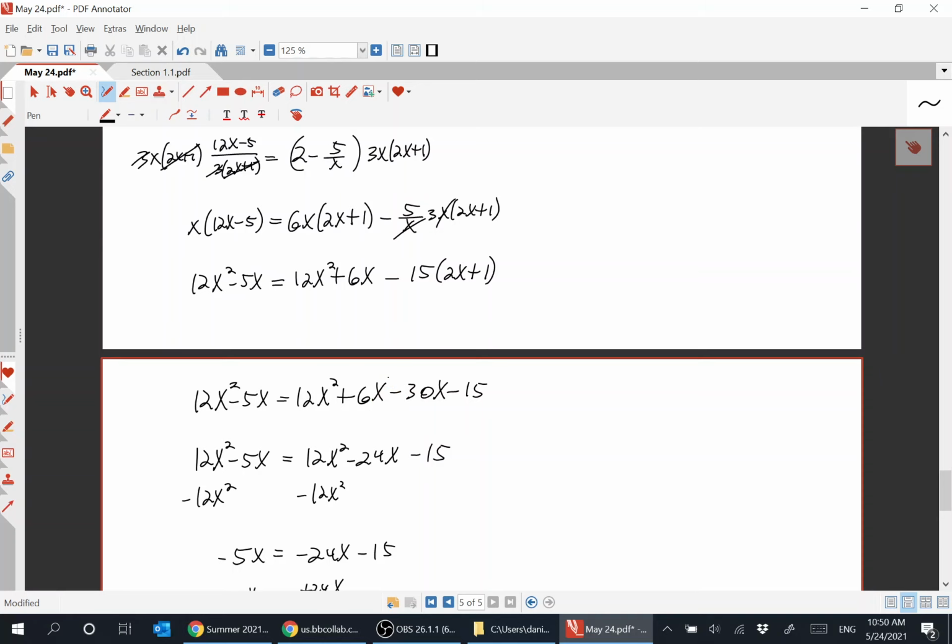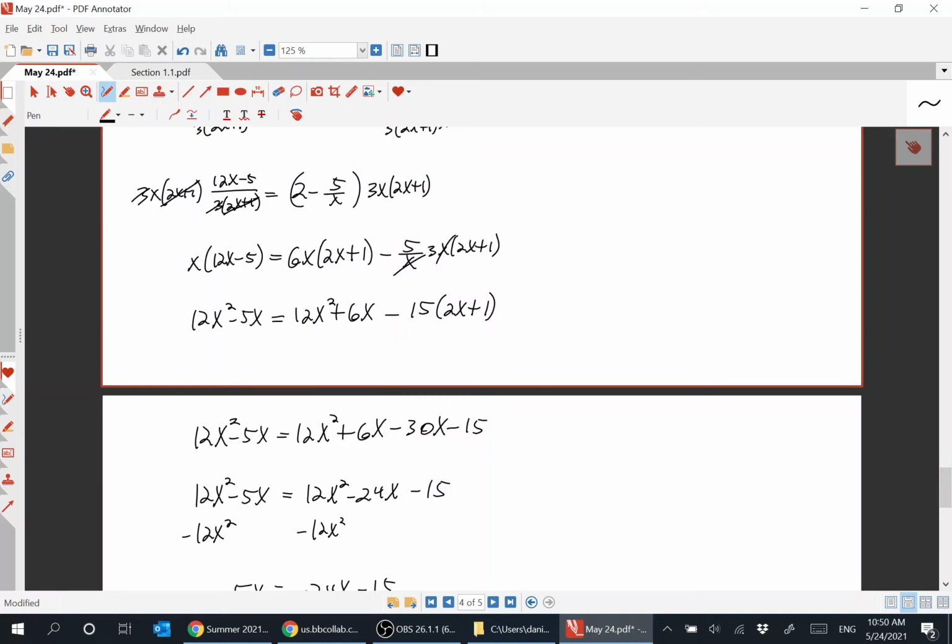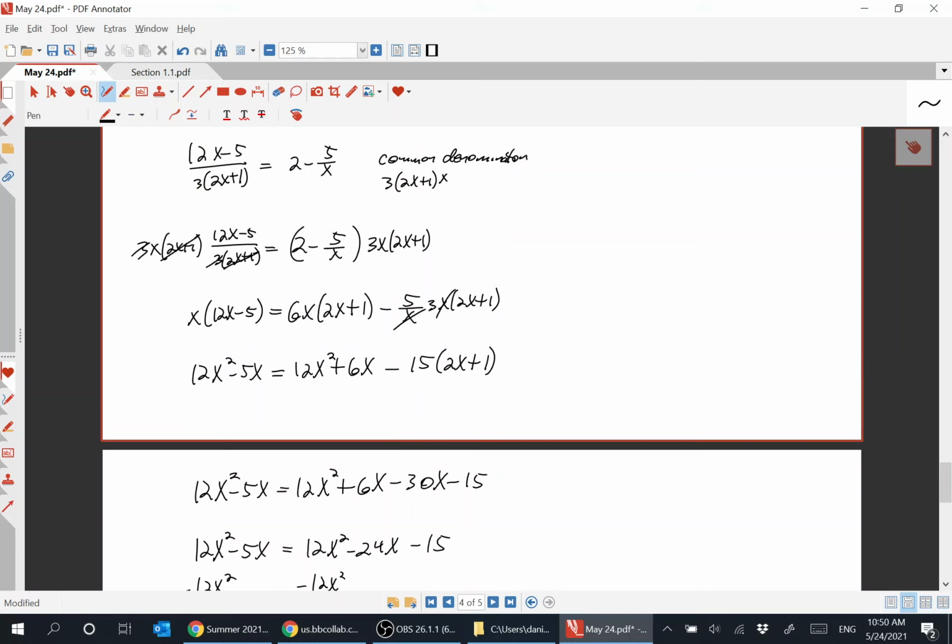I thought you couldn't distribute across like terms that are in parentheses that are addition and subtraction. Yes, you absolutely can. That's just distributing this over this term and that term. Okay. So 2 times this is 6x times 2x plus 1 minus 5 over x times 3x, 2x plus 1.